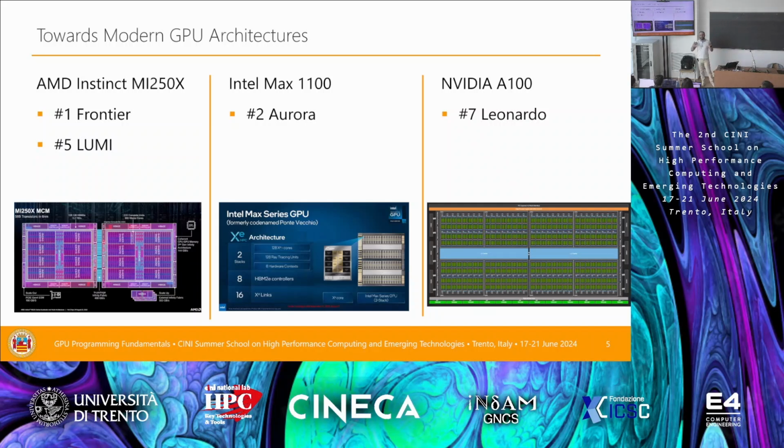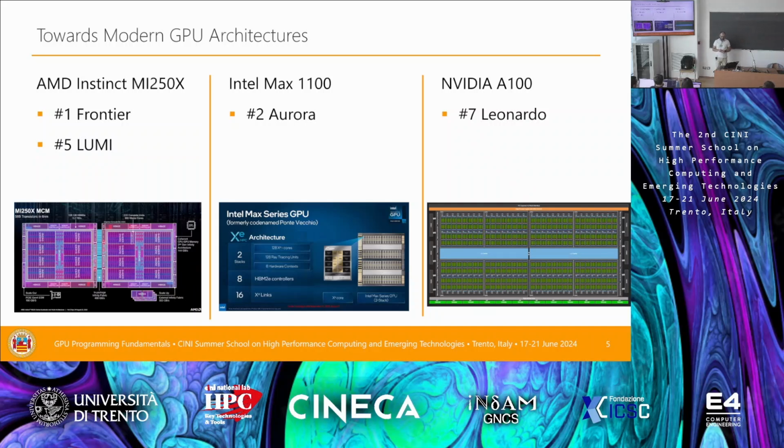They all expose massive parallelism. They are all organized in, what I will call, compute units. Be careful with the language, so I will try to use vendor-agnostic language. Khronos calls it a compute unit, but if you go to NVIDIA, you will see streaming multiprocessor.